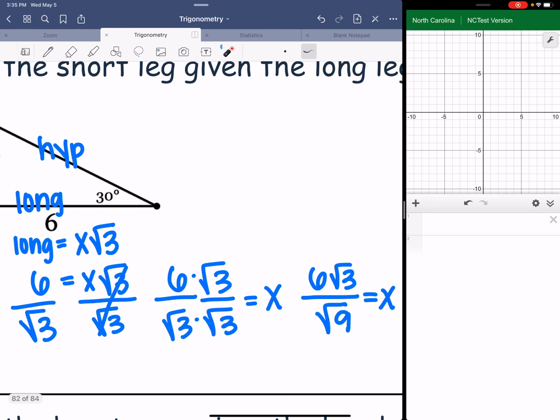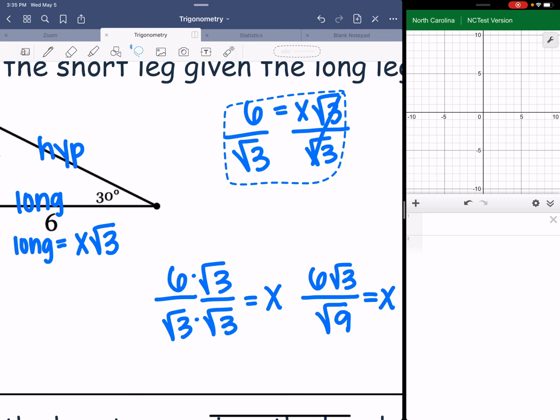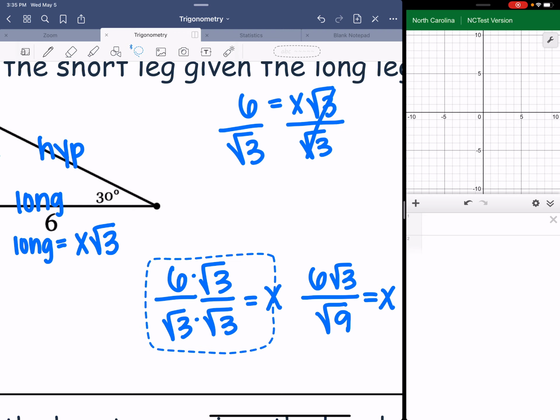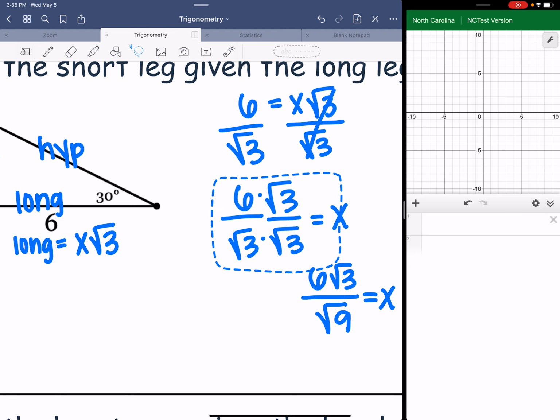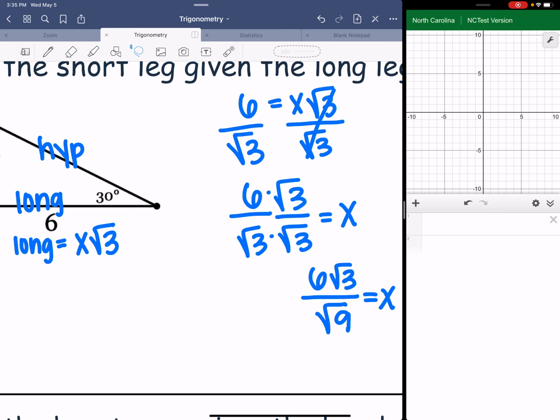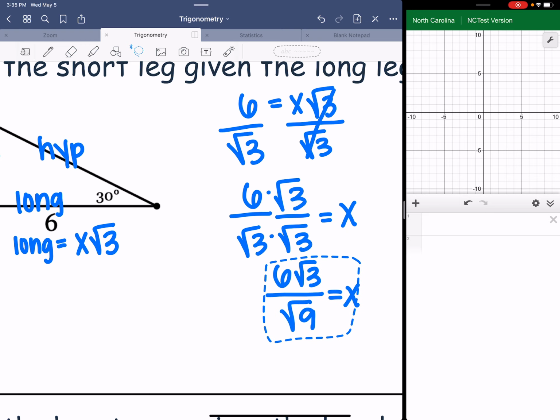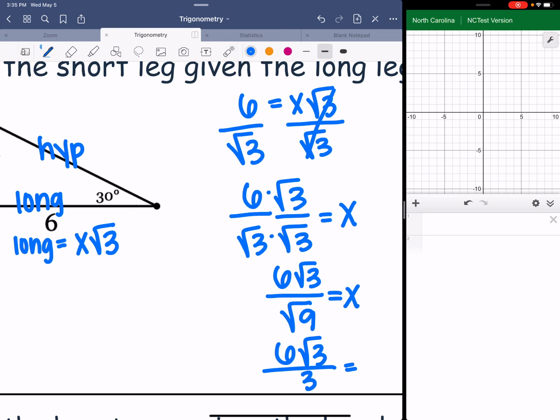Now this puts us in a really good position because the square root of 9 is a whole number. I'm going to move this just a little bit so that it may be a little easier for you to follow if I stack it like I did last time. All right, so 6 square root of 3 over 3 equals x.